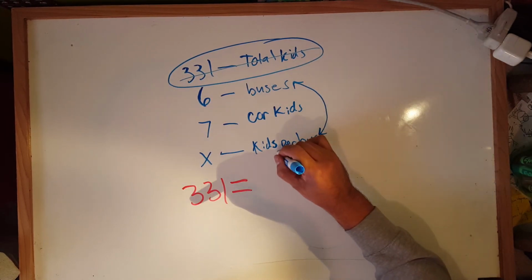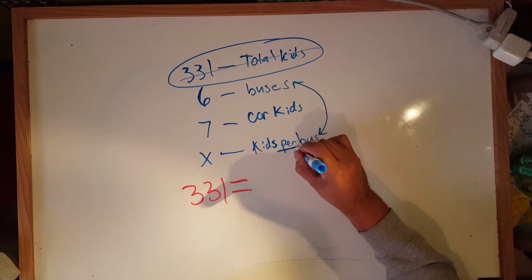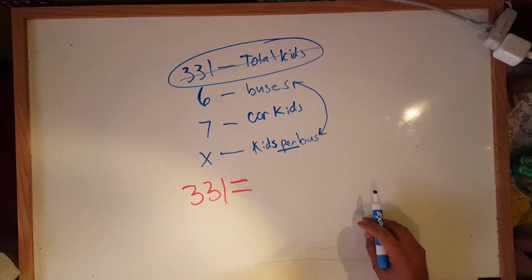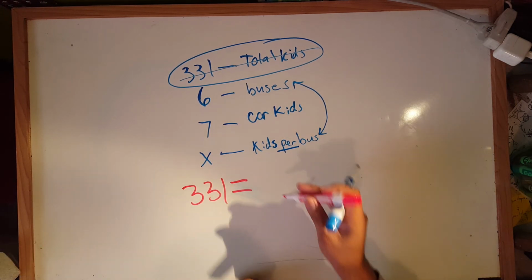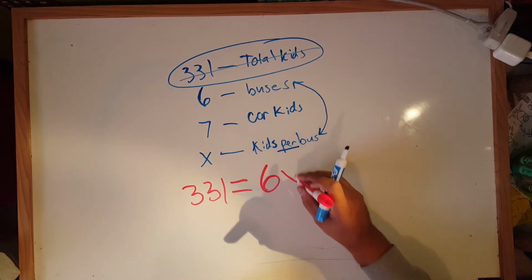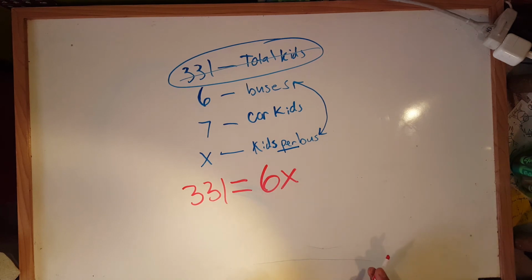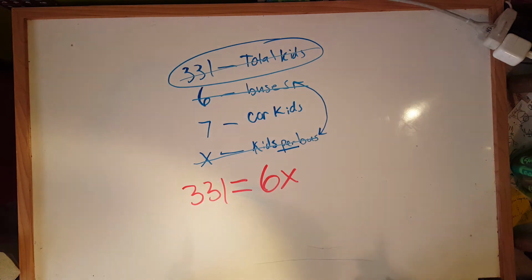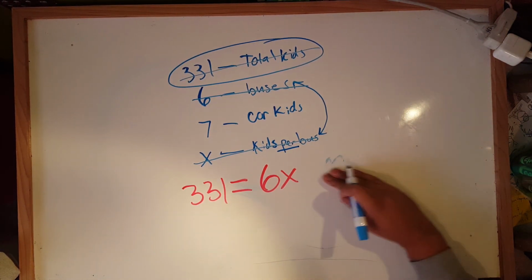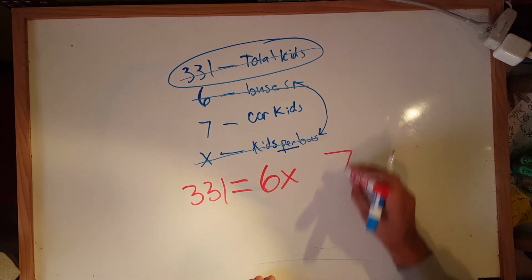And I know from teachers pounding this in my head that per always means multiplication. Okay, so I'm going to multiply those two. So I'm just going to put them stuck together because that means multiplication, 6x. So that gets rid of this one, and that gets rid of this one. And now I'm just left with a 7. So I'm going to put that right there. Let's put it in red. So 7 goes right there.